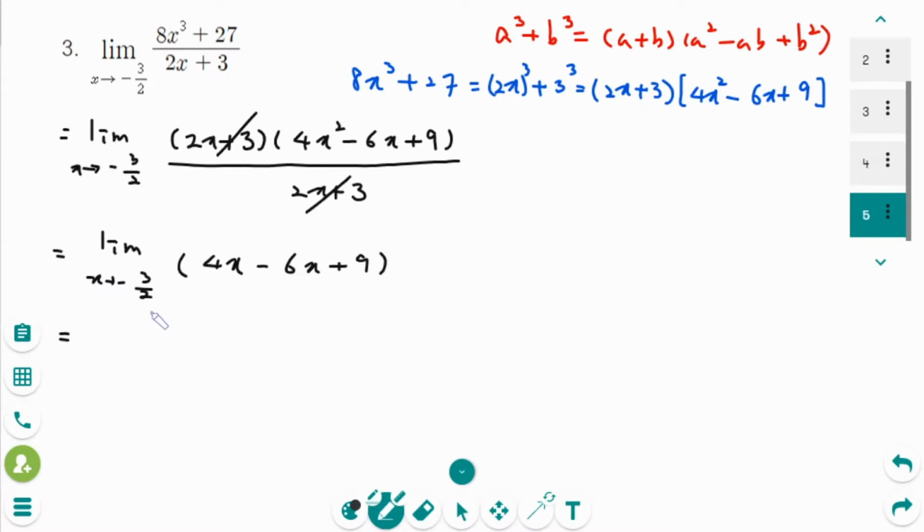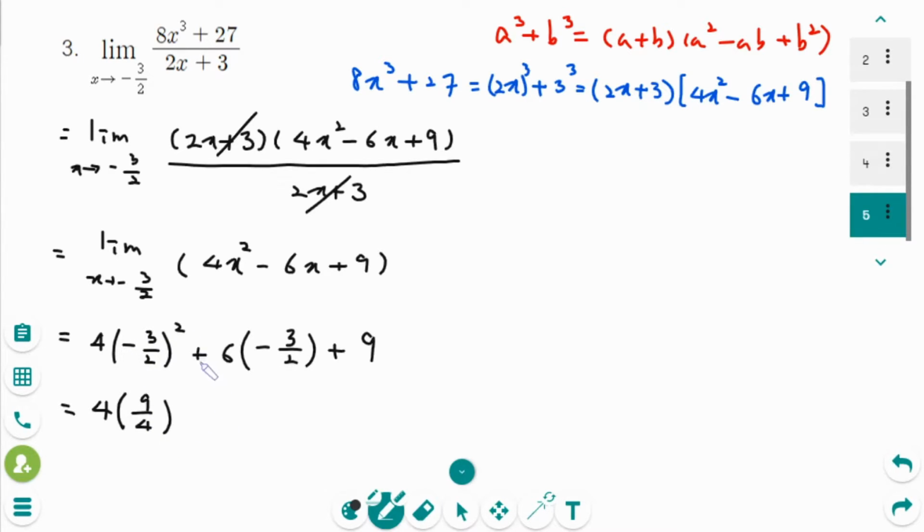Then put minus 3 over 2 into x. So 4 times minus 3 over 2 squared minus 6 times minus 3 over 2 plus 9 equals 4 times, this one is 9 over 4, and make positive.